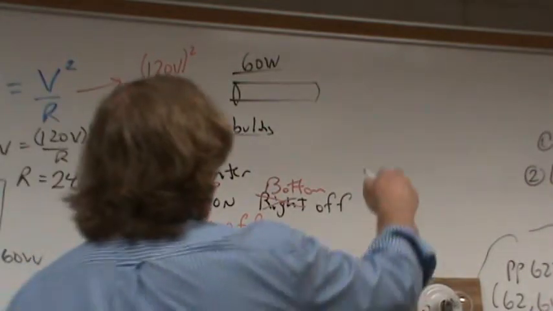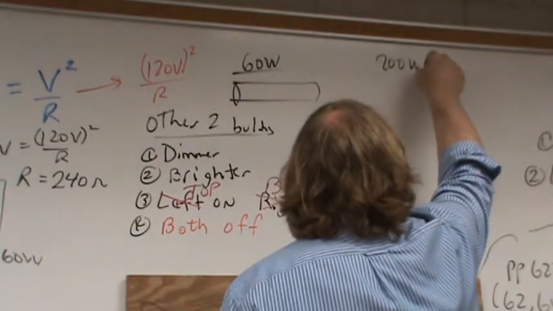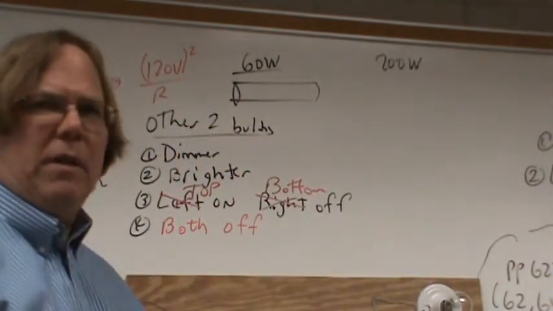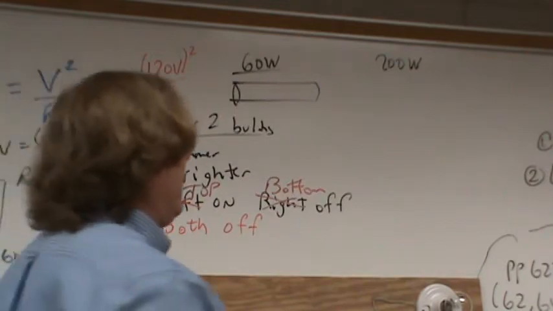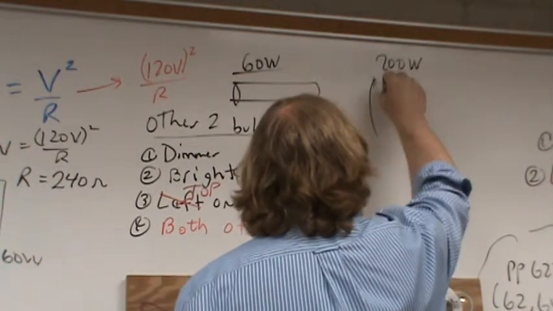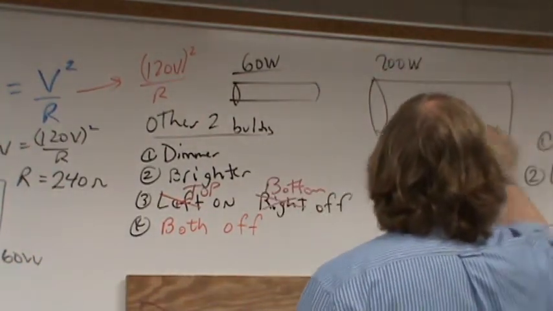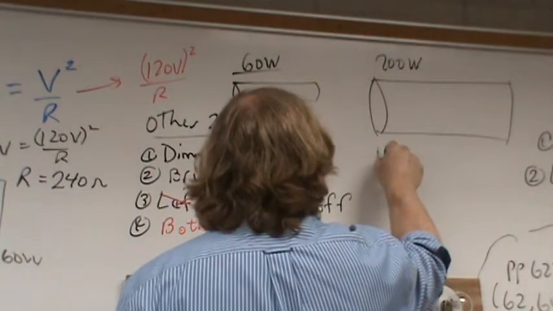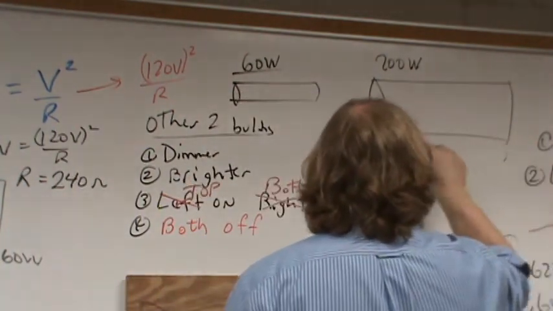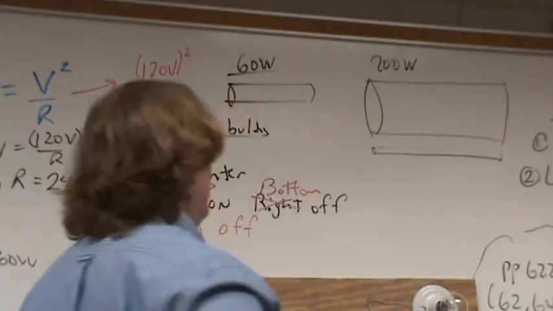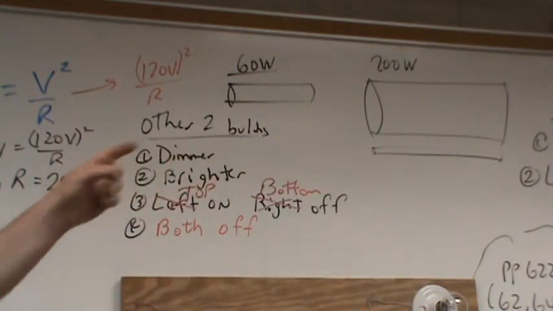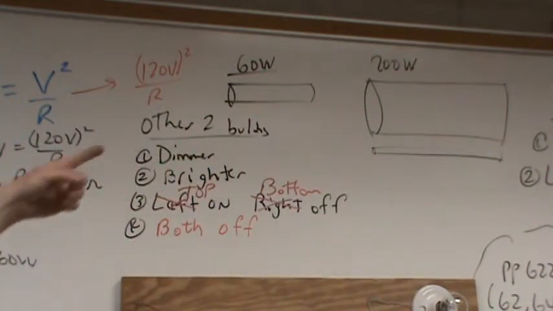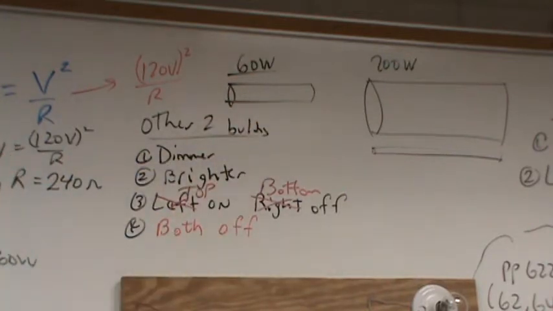The 200 watt bulb is going to have a different looking filament. Let me ask you guys, is the 200 watt bulb filament going to look like this, a lot fatter, or is it going to look like this, a lot thinner? Which of those two filaments is the 200 watt bulb filament if this is the 60 watt bulb filament? Please think about it for a second, then we'll vote.